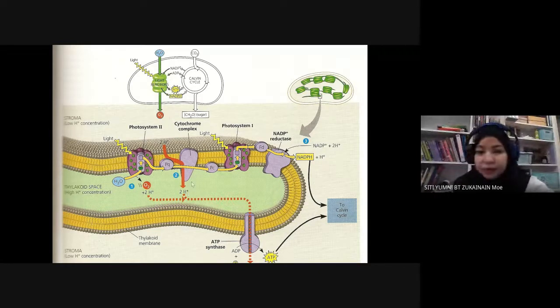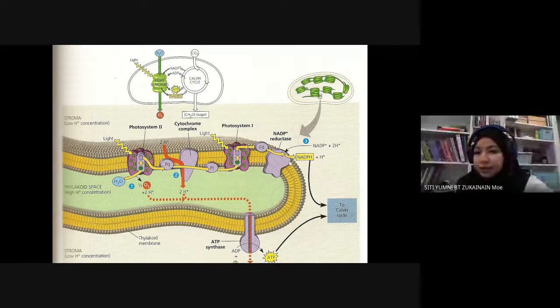Then as plastoquinone, and then hydrogen ions are removed from the stroma when taken up by, here, another two. These are two protons pumped into the thylakoid space and another two protons removed from the stroma when taken up by NADP plus.